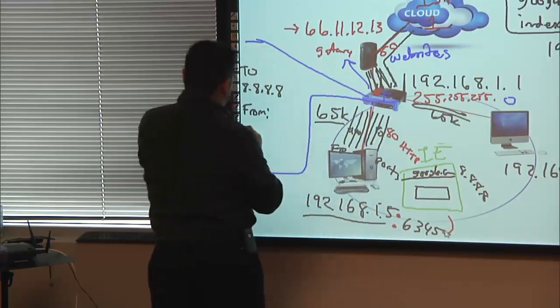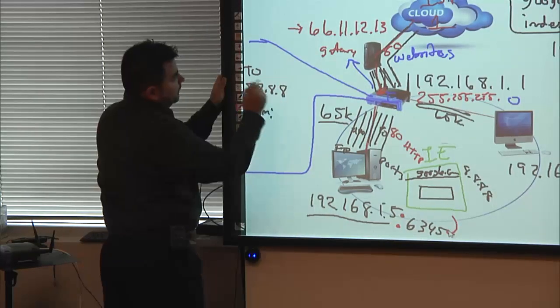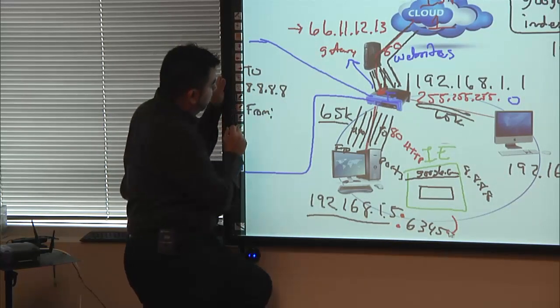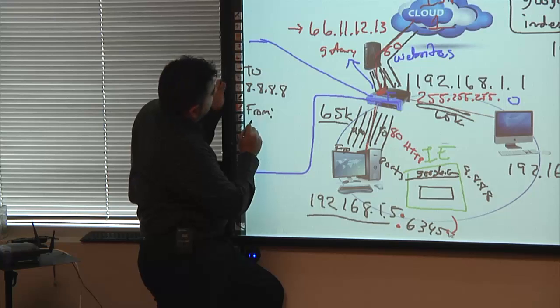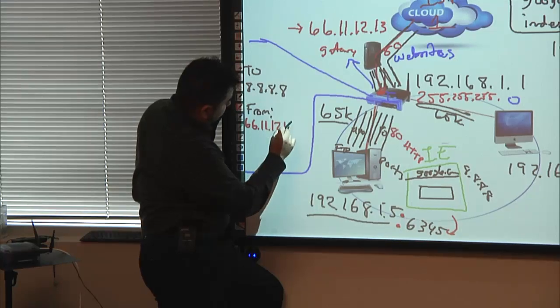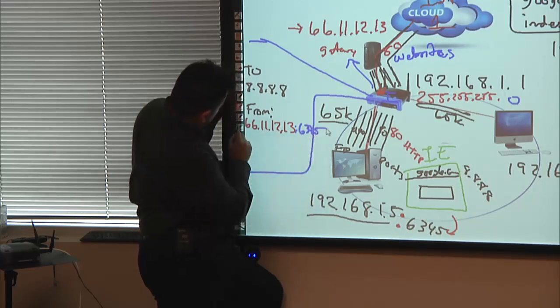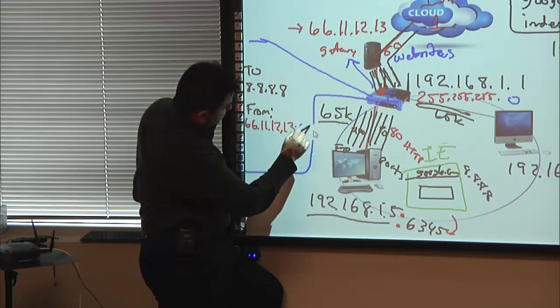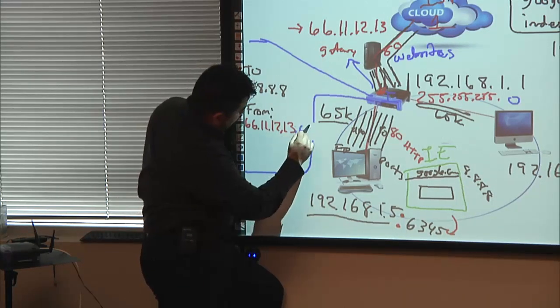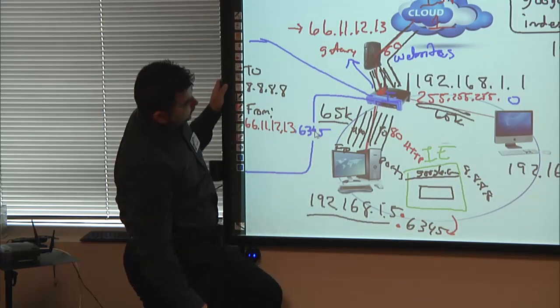The router gets that packet. The router then says, all right, Google, I need to send the request to 8.8.8.8 from 66.11.12.13 port 6345.